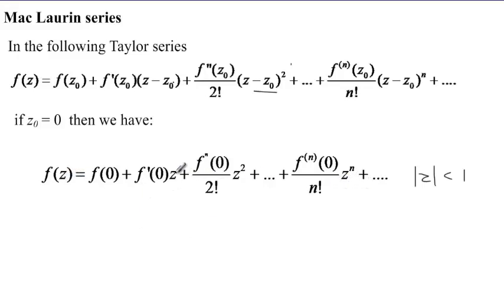Now z is actually equal to z minus 0, which in this case z0 is replaced by 0, and which means that 0, or the origin, is the center of our development, and this kind of series is going to be called Maclaurin series. And we can see that with these coefficients, this series will converge when the absolute value of z is less than 1.